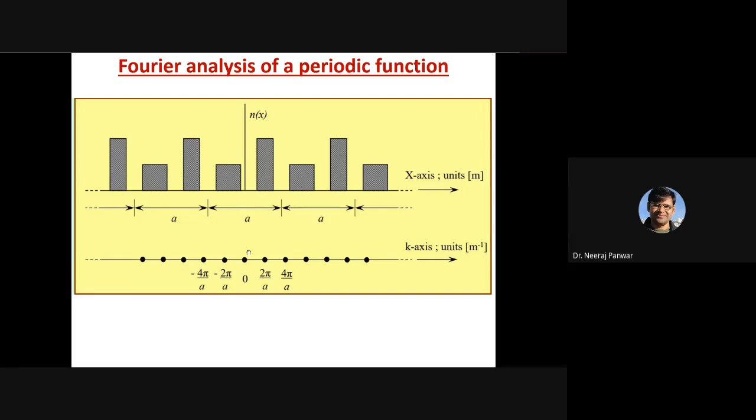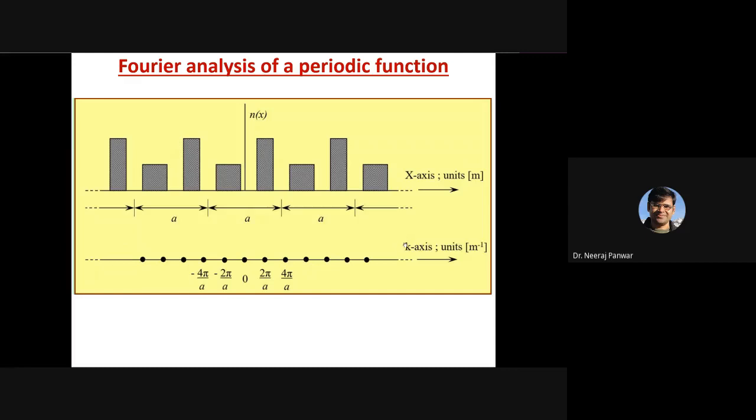So in the reciprocal space, we will define this distance as 2 pi over a. All the reciprocal points can be defined by 2 pi p over a. The second point will be 2 into 2 pi over a, that is 4 pi over a, 6 pi over a, 8 pi over a, and in this direction minus 2 pi over a, minus 4 pi over a.